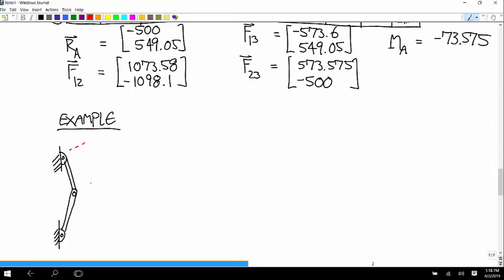So this is an isosceles triangle. The lengths are the same and the angles are the same. Let's make that 1 meter. And let's say that those angles are 5 degrees.